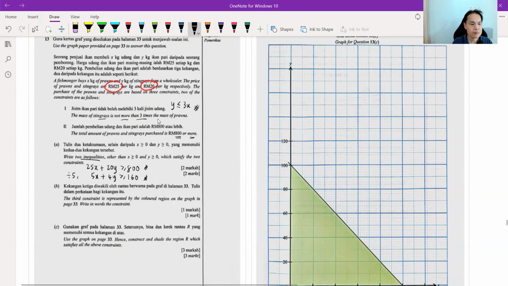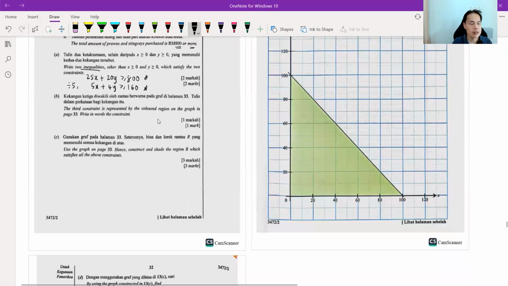Okay, next one. The third inequality, the third constraint, is represented by the colored region on the graph right inwards. So first of all, you can see this line passes through 100 and 100.